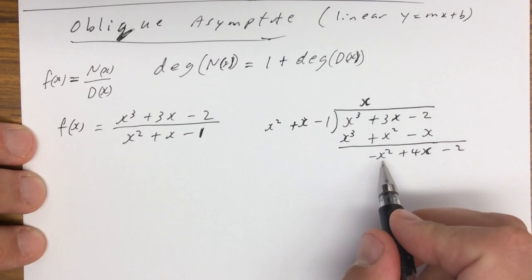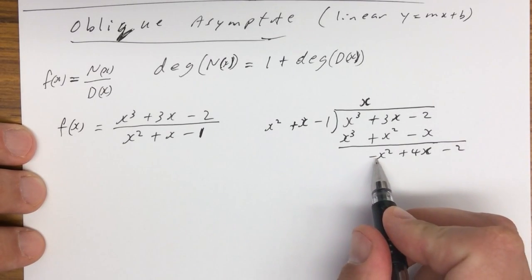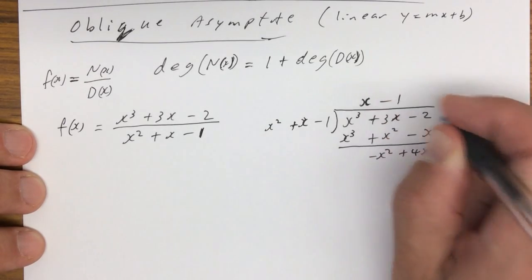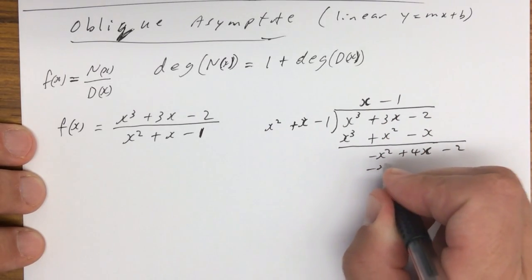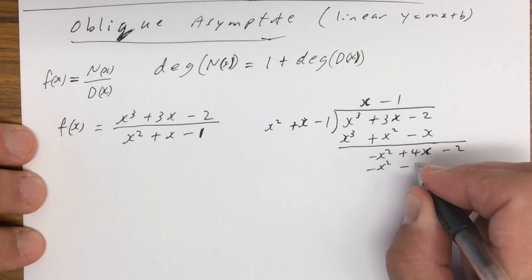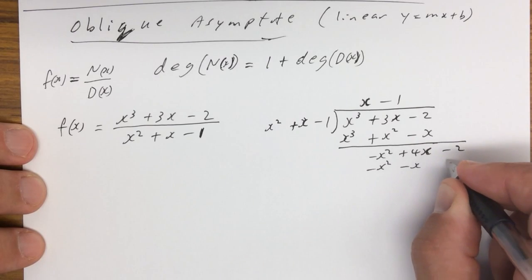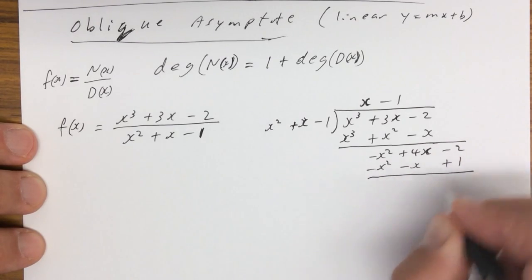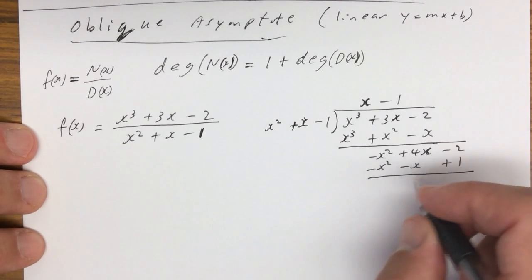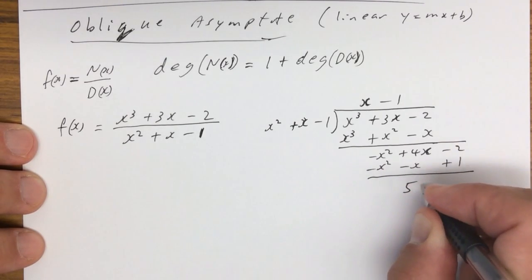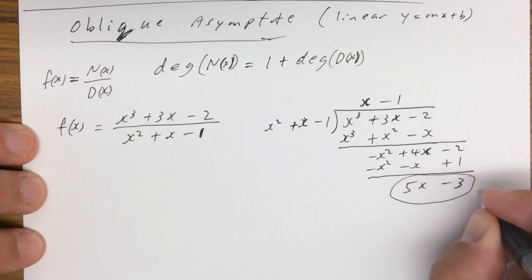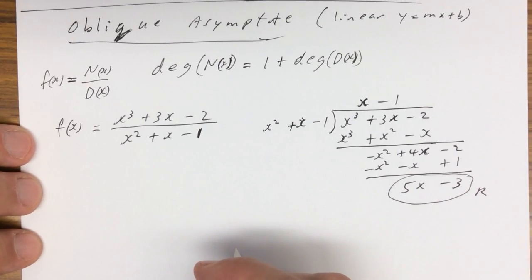Now, how do we get rid of the negative x squared? We're going to multiply x squared by negative 1. So minus 1. So we get negative x squared, and then minus x and plus 1. Subtract those. 4x minus negative x is going to be 5x, and then minus 3 here, and that's the remainder.